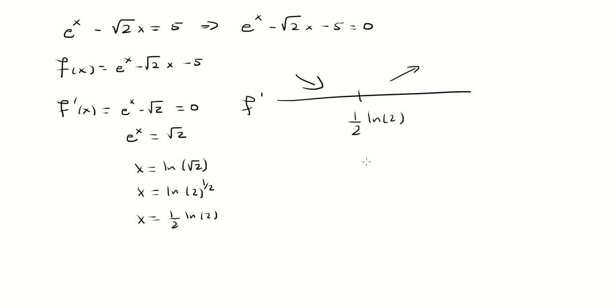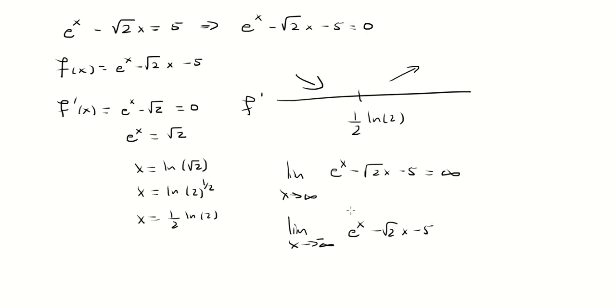And if we look at f of x, if we take the limit as x approaches positive infinity, like we said, e to the x minus root 2x minus 5. E to the x is more dominant, so that's going to go to positive infinity. But then if we look at x going to negative infinity, e to the x is going to go to 0.